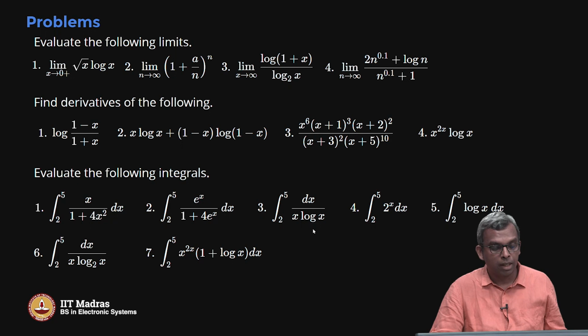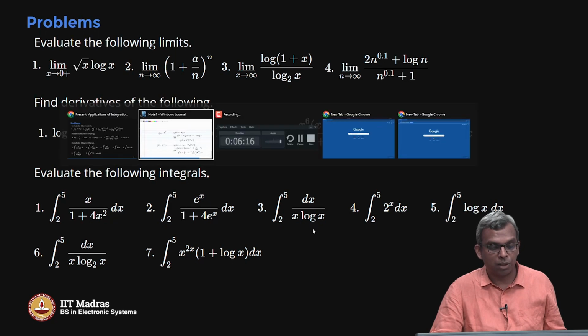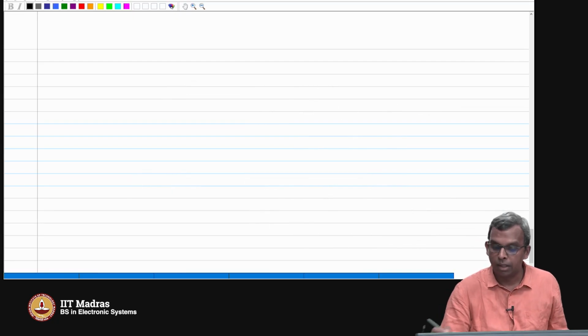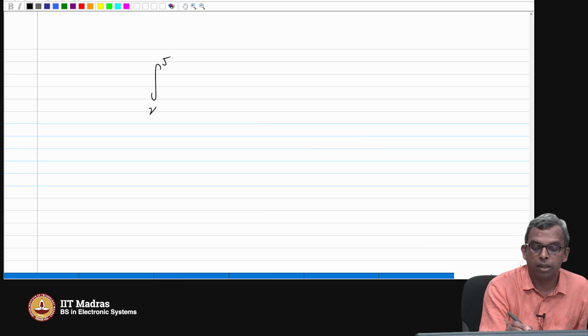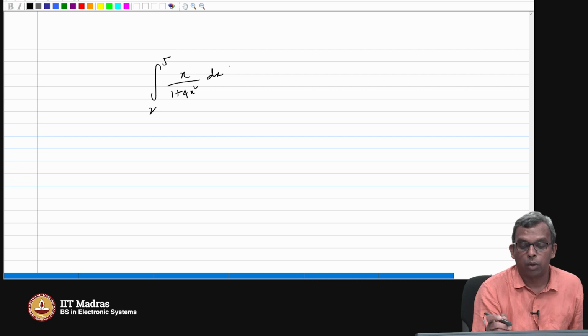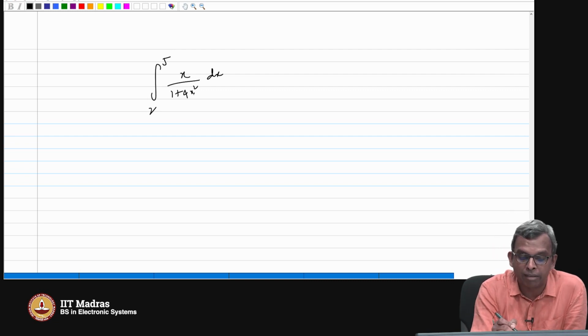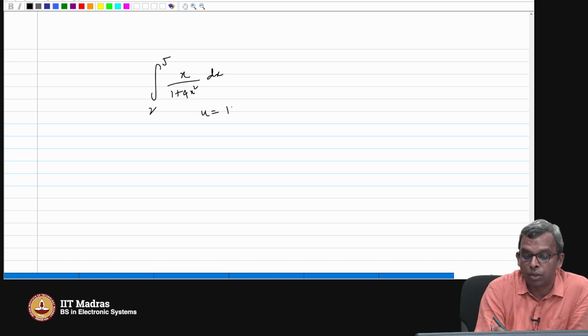It's a simple one. Integral 2 to 5 x by 1 plus 4 x squared dx. Okay, so immediately you see this pattern of derivative, right? There is an x squared here and the derivative here. So a very tempting thing is to put u equals 1 plus 4x squared. So du becomes 8x dx.